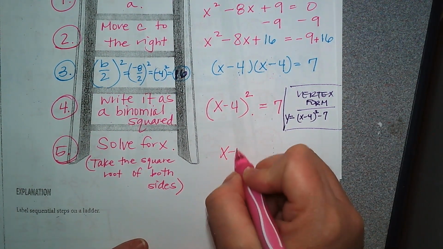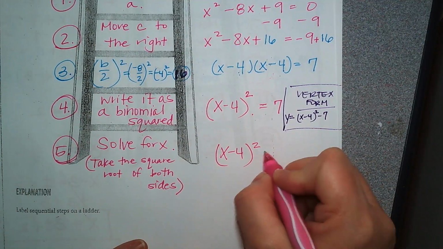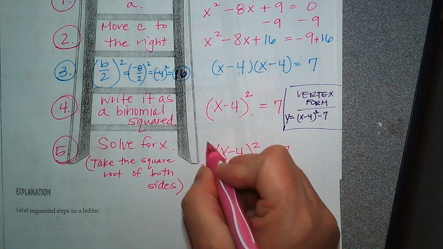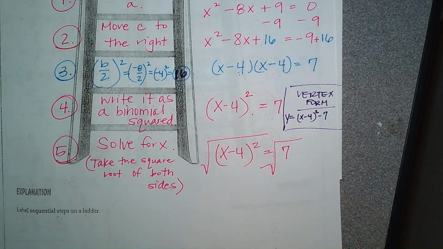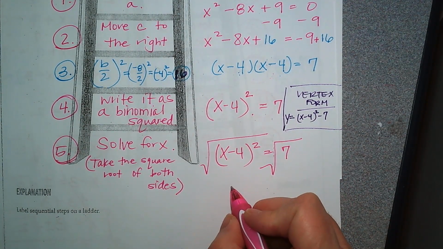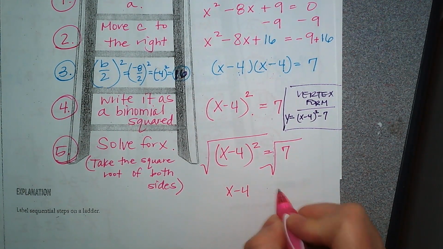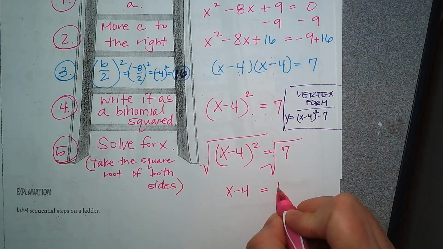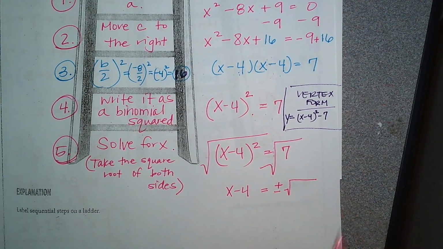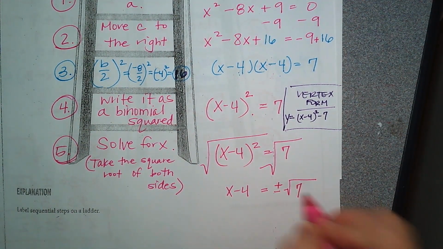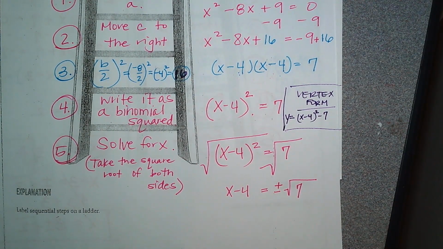All right, so I need to take the square root of x minus 4 squared, and I need to take the square root of 7. What's the square root of x minus 4 squared? X minus 4. And we cannot take the square root of 7, but we need to write it as plus or minus the square root of 7. We have to have positive and negative. That's what's going to make our two solutions.